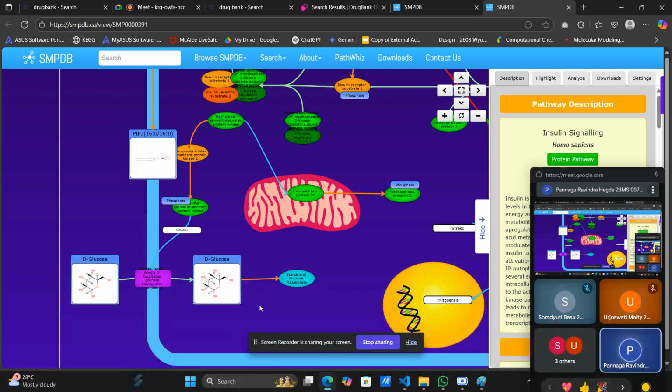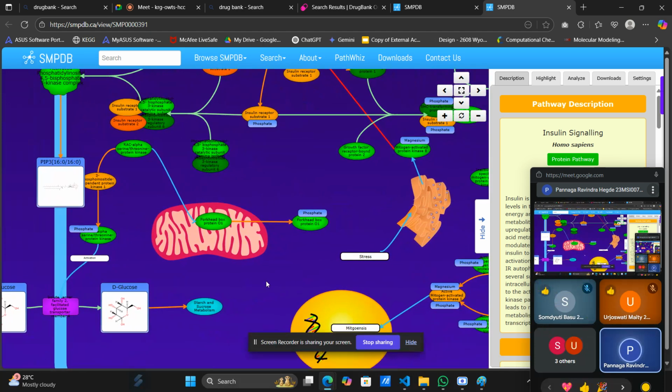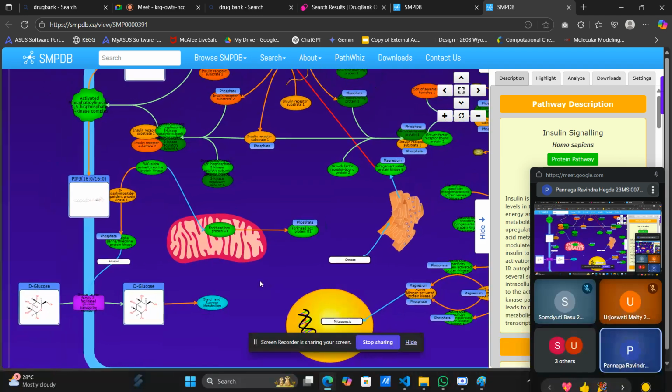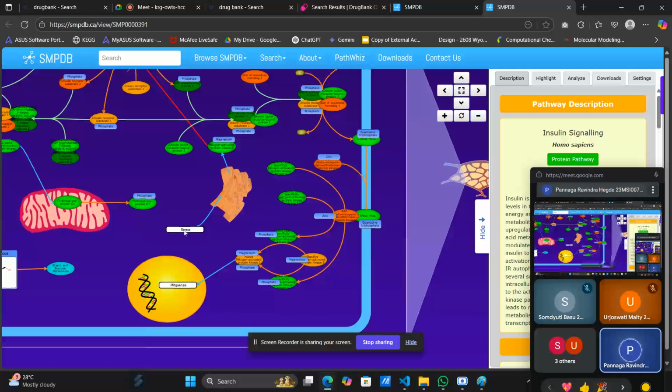It becomes glucose 6 phosphate, if I'm not wrong. The reason it becomes glucose 6 phosphate is to prevent it from flowing backwards to the outside of the cell. Are you guys able to understand? Once the glucose comes inside, it should stay here, hence it converts itself to glucose 6 phosphate. And then you have the whole glycolysis, Krebs cycle, and electron transport chain to produce energy, and that is going to happen.